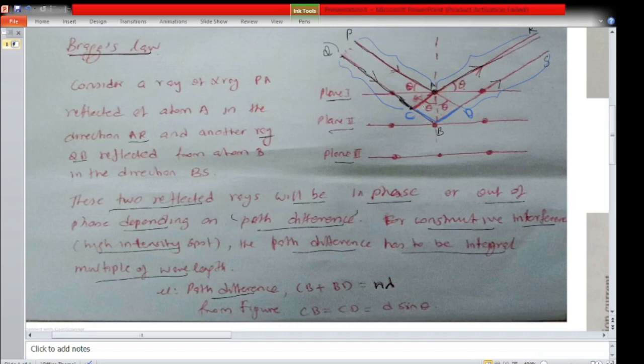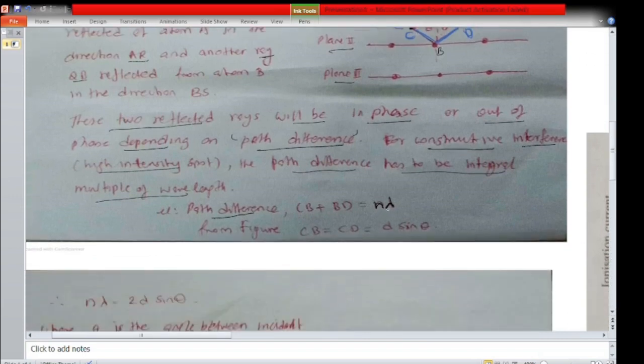That is the additional path for the second X-ray, and this additional path should be an integral multiple of the wavelength in order to get constructive interference. If it is a half integral multiple, it becomes destructive interference. I hope you know that condition. So now let us move on. This path difference CB plus BD has to be n lambda for constructive interference.